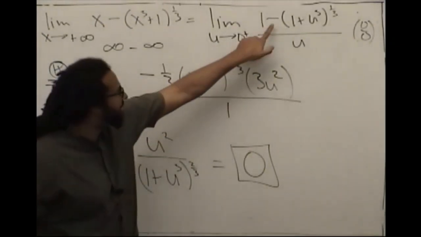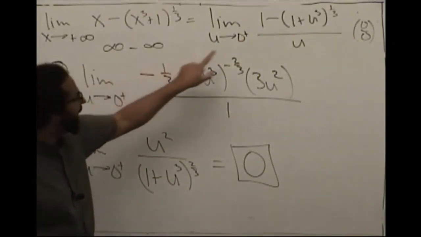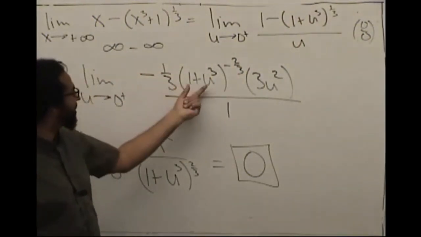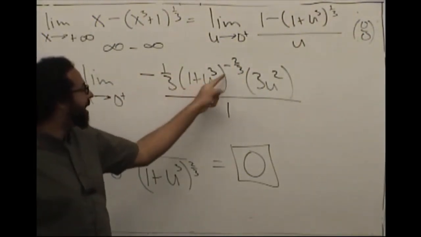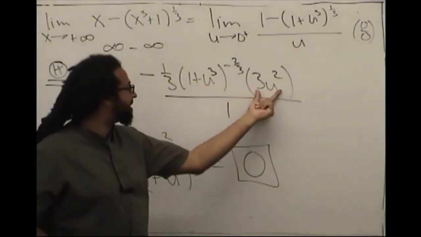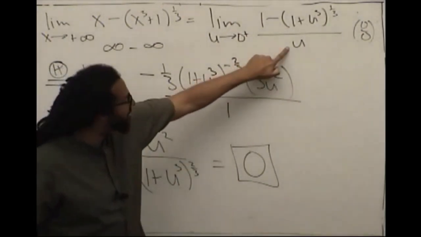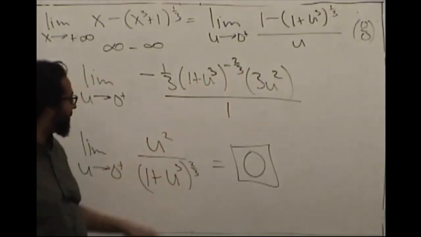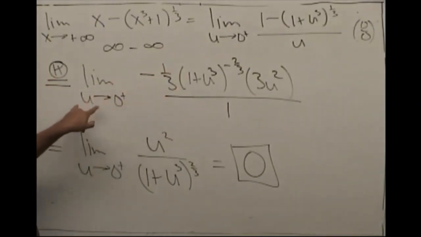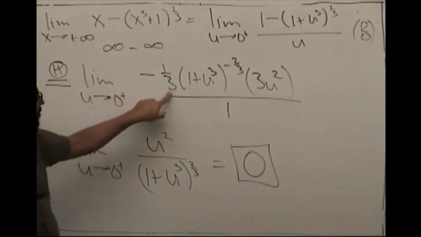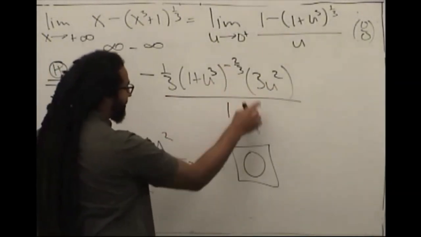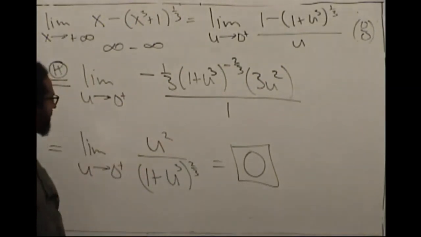So the derivative of the top, it's just 0, and then bring the 1/3 down in front. So negative 1/3, recopy the inside, and then take 1 away from the power. And then tack on the derivative of the thing in the parentheses. And then the derivative of the denominator is just a 1. So really, this limit, according to L'Hopital's rule, is just the limit as u goes to 0 of negative 1/3 times 1 plus u cubed to the negative 2/3 times 3u squared over 1.